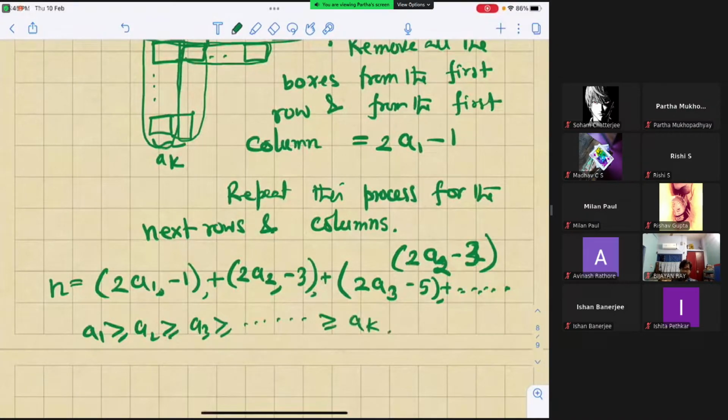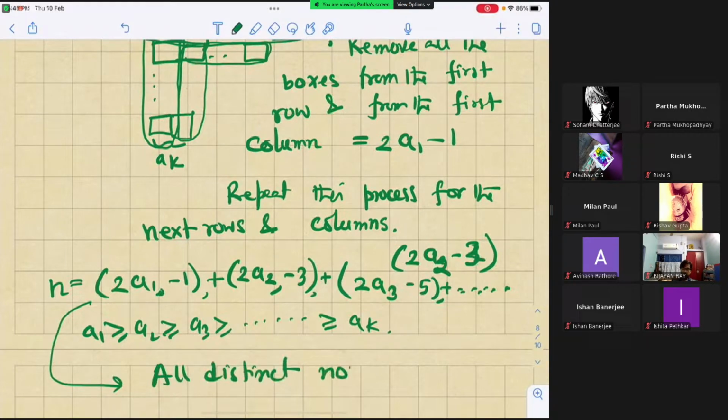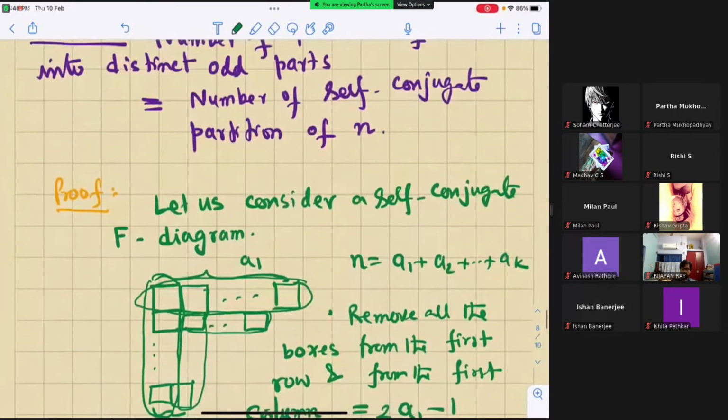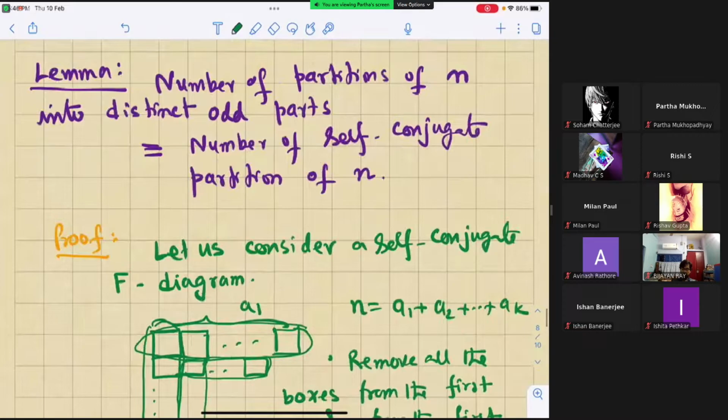So they are all distinct now. Clear? That from such a self-conjugate tableau, you can construct a partition of n into distinct odd parts.